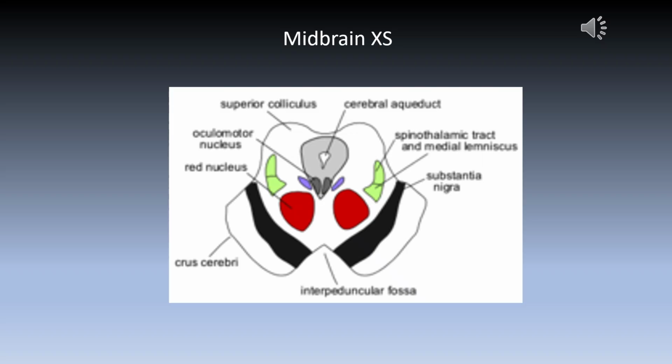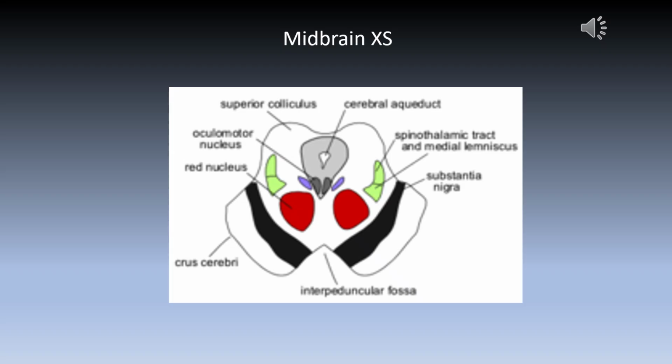There are no rubrospinal tracts in humans. I mentioned to you when we were talking about the spinal cord that the rubrospinal tracts in humans have simply blended in with the corticospinal tracts, so they are involved in the transmission of signals to the skeletal muscles.